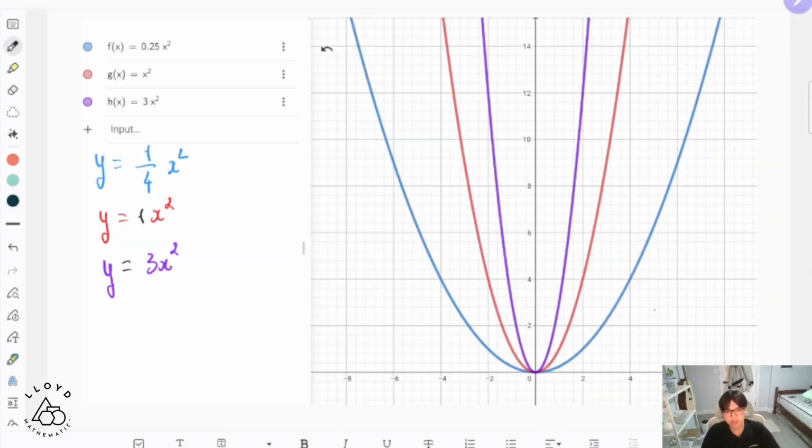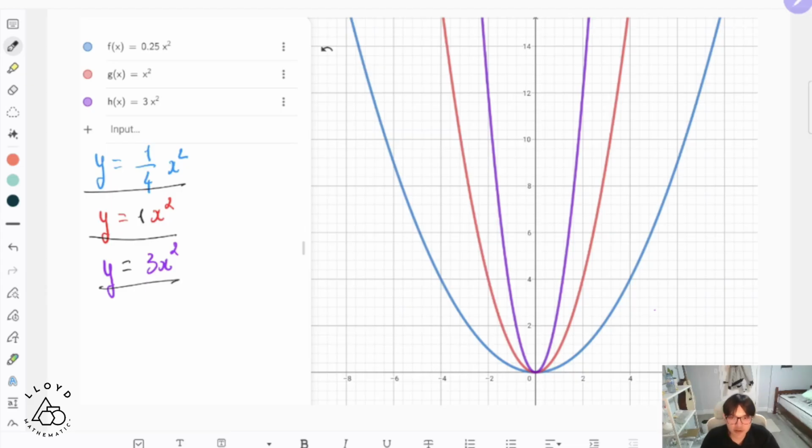Okay, so this is another example, where I have 3 different graphs. The first one is 1 over 4 x squared, which is the blue one. The second is the red one, which is 1x squared. And the purple one is 3x squared.